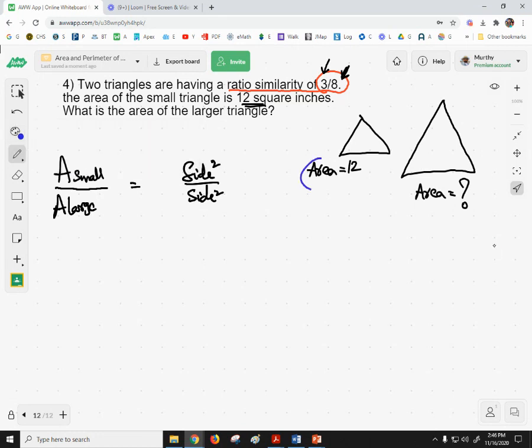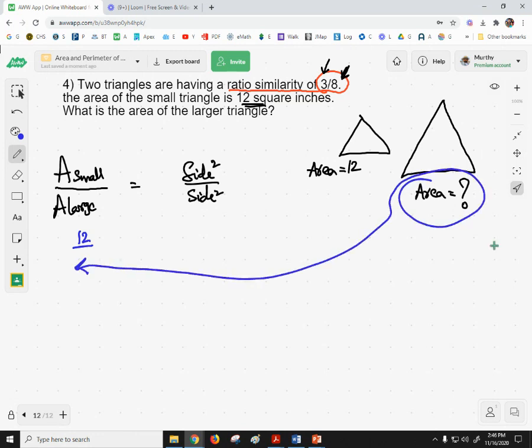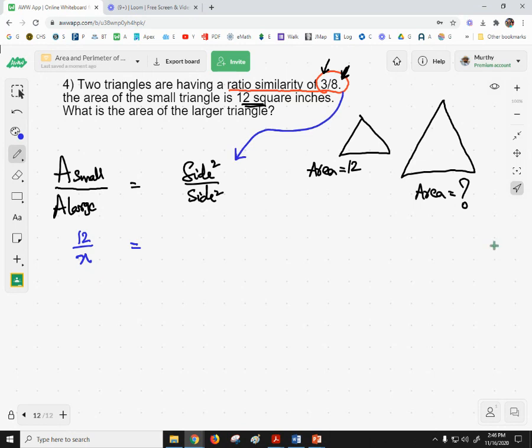The area of the small triangle is given as 12 square units. Therefore, 12 over the area of the large triangle, which I don't know, so let it be x. And next, side square over side square means this ratio 3/8 is to be squared. Don't forget, friends, when we are computing area, we have to take squares.